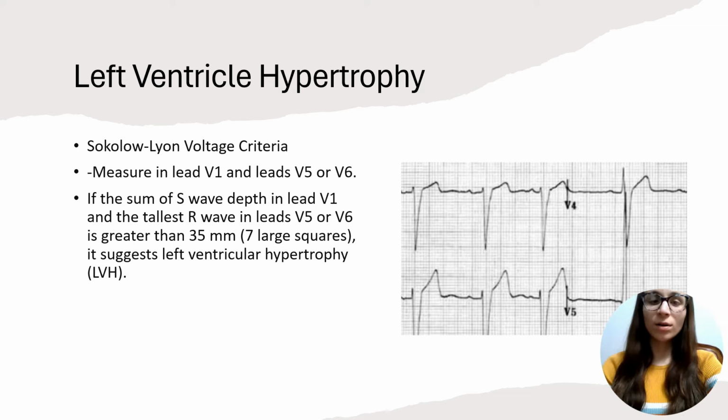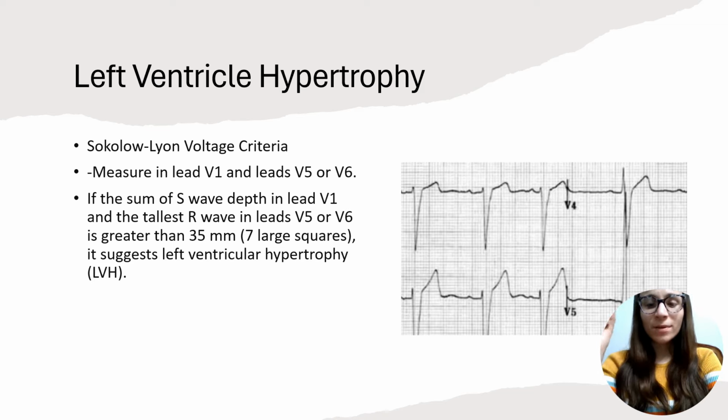To diagnose left ventricle hypertrophy, there are many different criteria that could be used. One common one that I like to use is the Sokolow-Lyon voltage criteria, where we measure in lead 1 and lead 5 or 6.